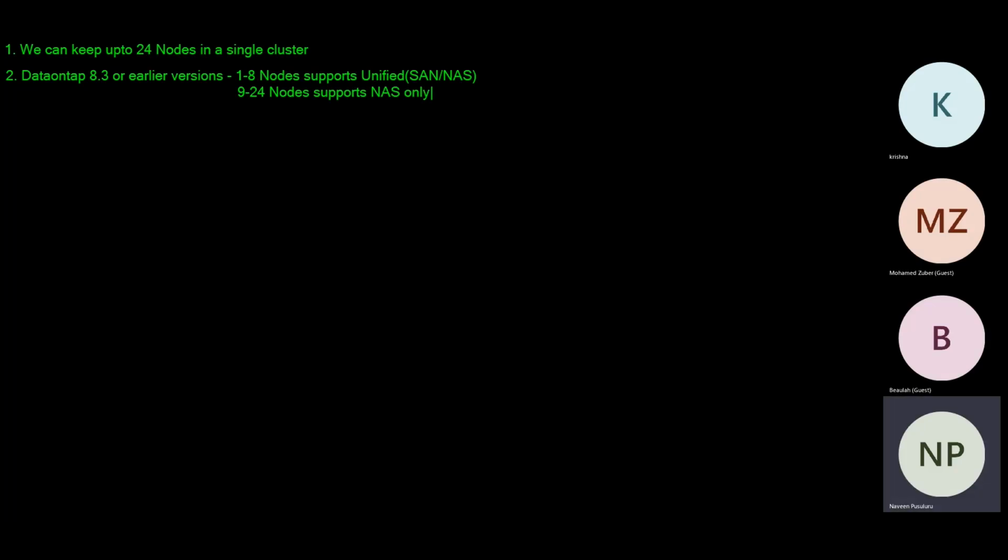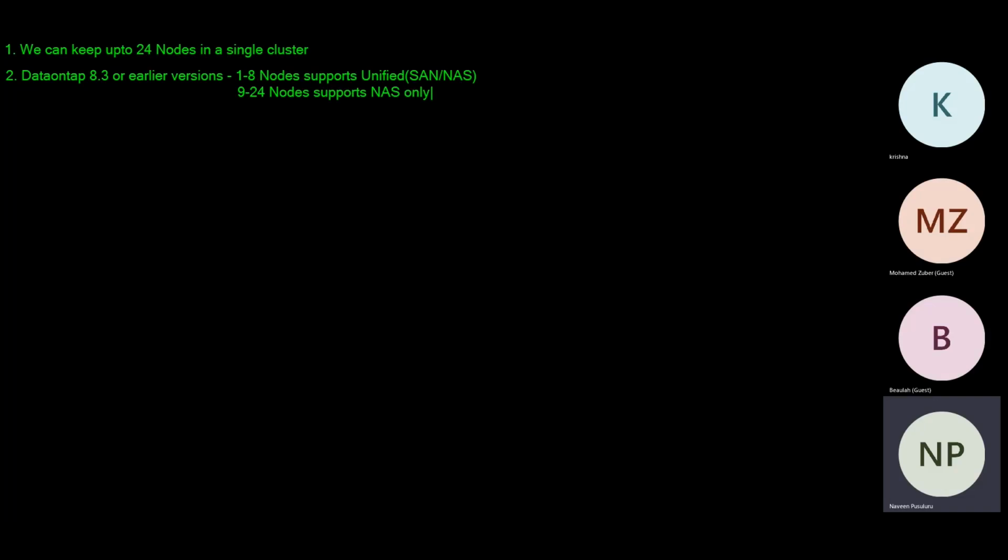For example, let's assume I have a cluster with 24 nodes. Not all 24 nodes will support both SAN and NAS. Only the first 8 nodes will support both, but from the ninth node onwards, they support NAS only.